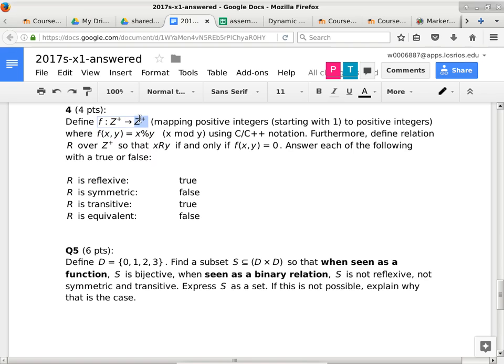And then the codomain is exactly the same. So would it be like 1 maps to 1, 2 maps to 2? Oh, because it should be a cross, right? It should be x mod y, Z plus cross Z plus to Z star, because we have to include 0. Yep, I did mess up in that one.